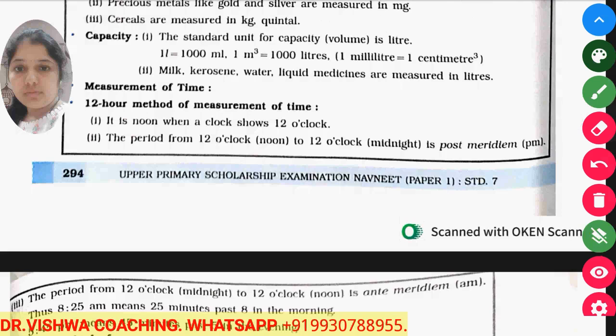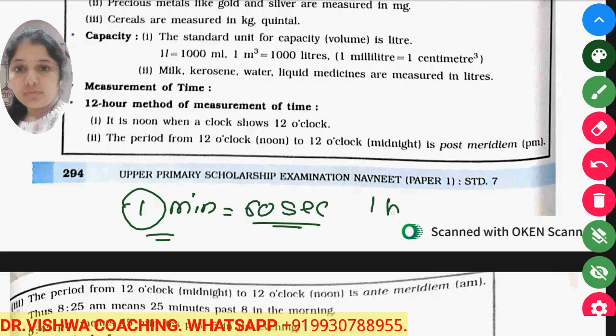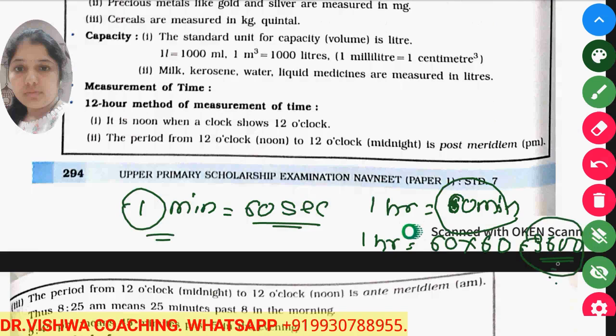And you all know the time conversion also, that in 1 hour how many minutes are there, in 1 minute how many seconds are there. So this is all the conversion, you know that 1 minute is equal to 60 seconds. Then 1 hour is equal to 60 minutes. So in 1 hour how many seconds are there? 60 multiplied by 60, so 3,600 seconds are there in 1 hour.